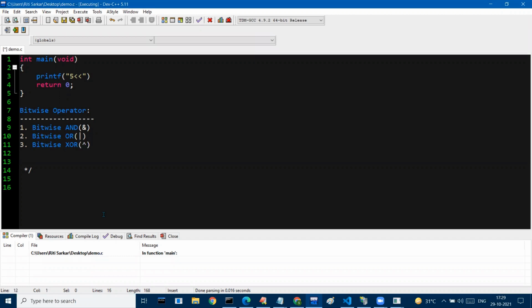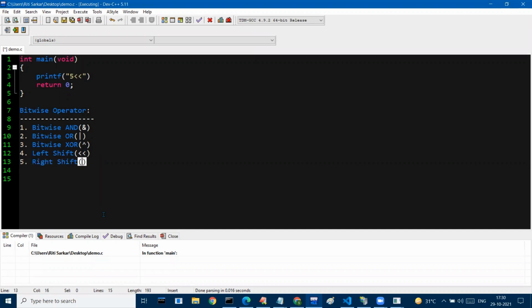Next, after that, left shift. Left shift is basically two less-than signs. How to remember? Most of the students forget how to write the left shift operator. Very simple. How do you write L, guys? Just make that L a bit angular. It will become left shift, and make it go two times. Just the reverse of it will become right shift.